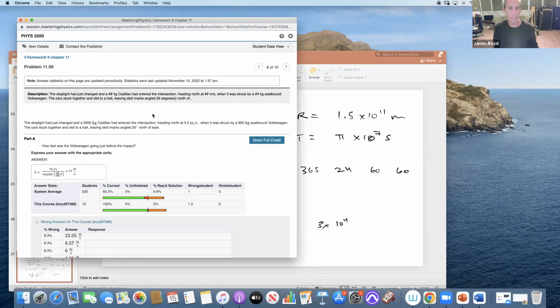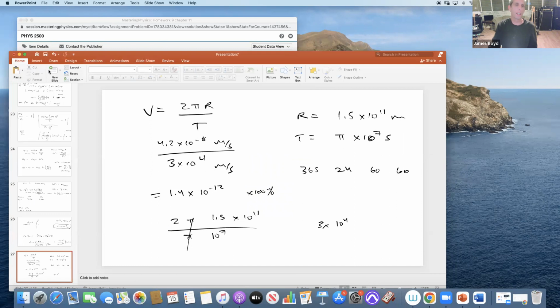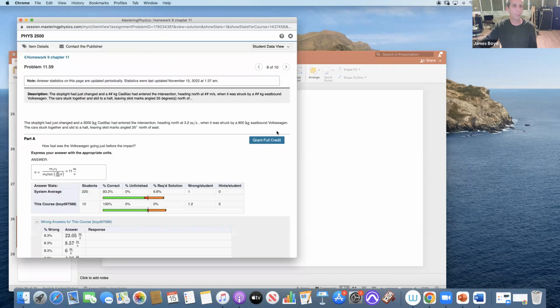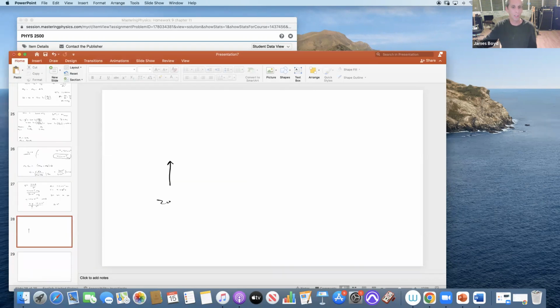Stoplight has entered, heading north. When it's struck by an eastbound Volkswagen, they stick together and the skid marks are at 35 degrees. So the Cadillac's heading north, 2,000 kilograms, and its speed was 3.2.